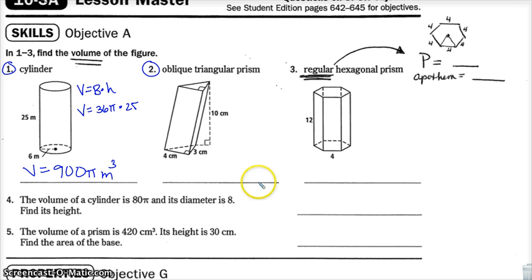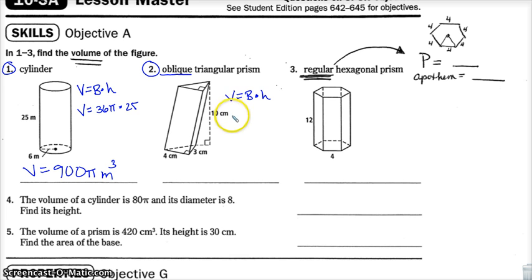Okay? This oblique triangular prism. It's important to realize that the oblique or right doesn't really matter in terms of volume. Whether it's standing straight up or tilted, it will have the same volume. So I can use my regular volume formula.